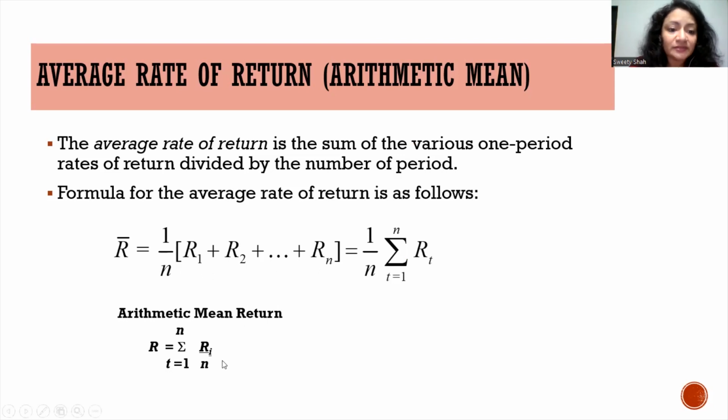Basically, the arithmetic mean is the summation of Ri divided by n, where Ri is the return value received at the end of the first year, second year, till the nth year, and n is the total number of years that we are considering.